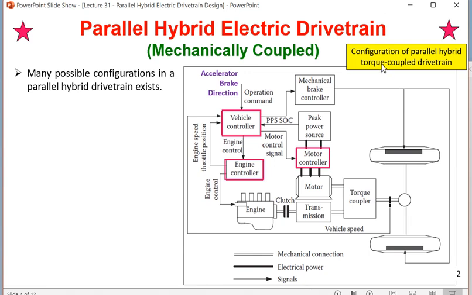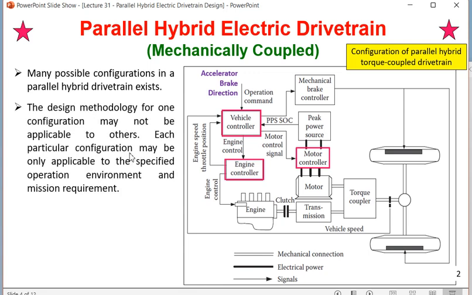So the configuration of the parallel hybrid torque coupled drivetrain. It is mentioned here as torque coupled because in the previous slide we talked about how torque coupling is better, because the engine is a torque producing device. So many possible combinations of parallel hybrid drivetrain exist. Here we have taken one of many. So the design methodology for one configuration may not be applicable to the other.